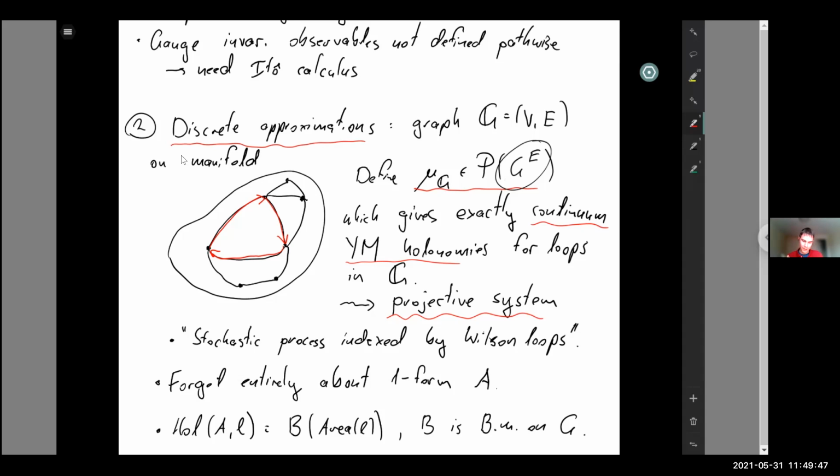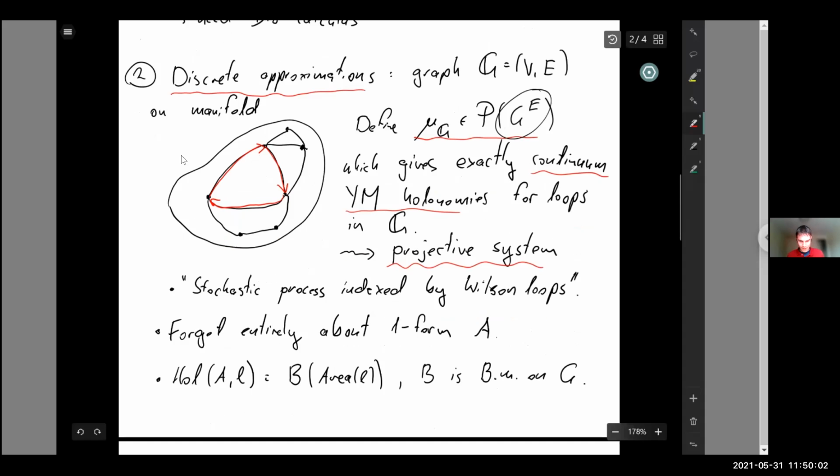So it gives you a way of describing the Yang-Mills measure through gauge invariant observables. A feature of this system is that you forget entirely about the one form A, because you only look at it through these gauge invariant functions.